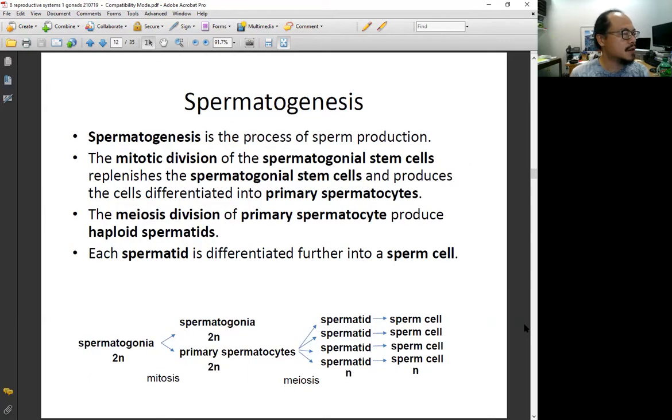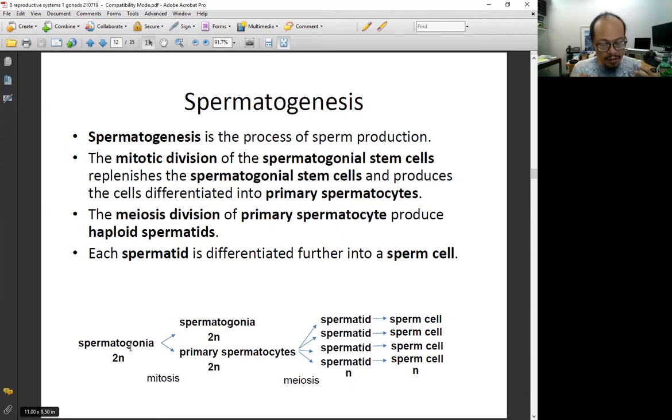All right, so this is the summary about spermatogenesis, the production of these sperm cells. So spermatogonia has 2n, and it will conduct this mitosis. It will produce 2 identical daughter cells.